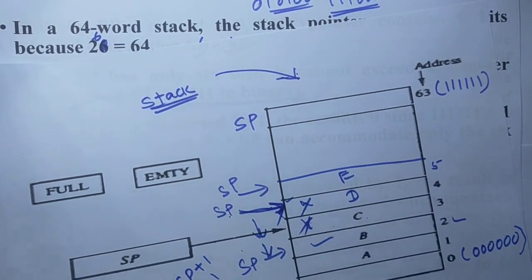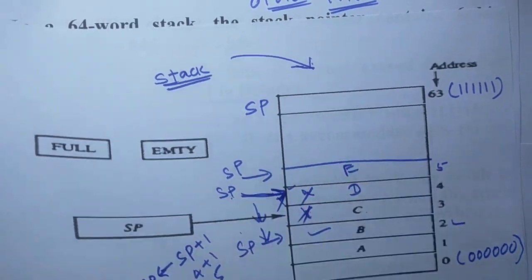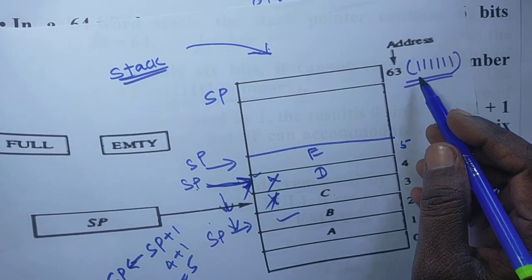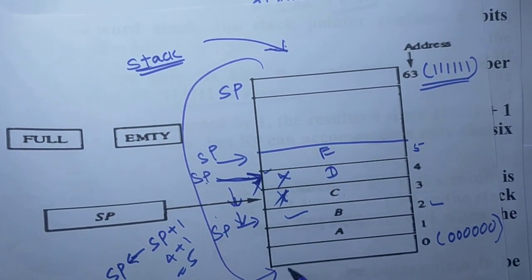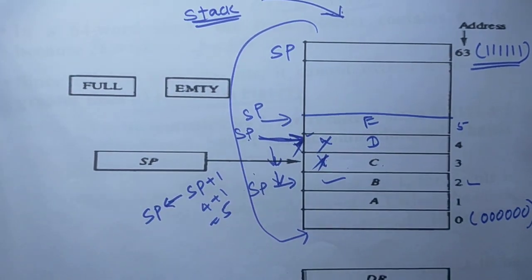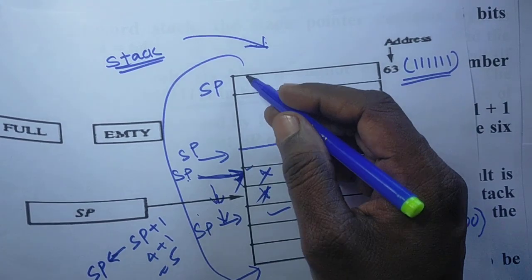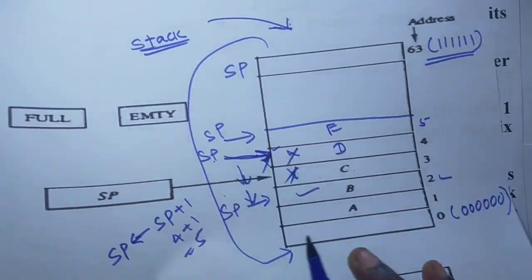If we want to enter data or increase SP, since the last position is this one, we can't increase. If it increases, automatically it goes to the bottom, because there is no space, because this stack contains only 64 words. If we increase this SP, automatically it goes to the bottom. Let's see how.